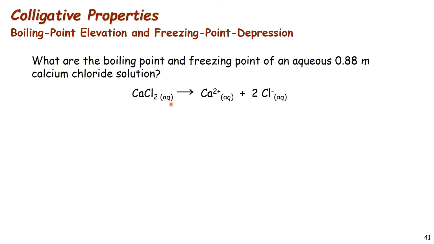And of course, we know that it's going to then dissociate into its 1 calcium 2+ ion, because that's a group 2A metal, and 2 of the group 7 chloride, which means it's going to be group number minus 8, so 7 minus 8 is -1. And so we're going to form 3 ions, 1 calcium and 2 chloride, and therefore the Van't Hoff factor is going to be 3. Okay?